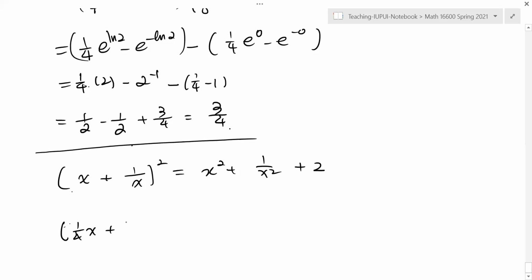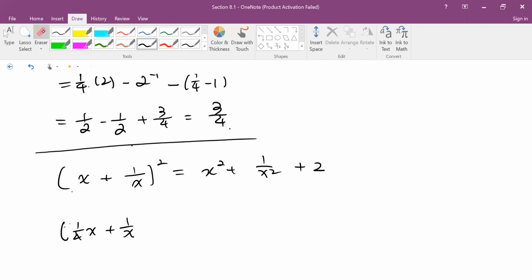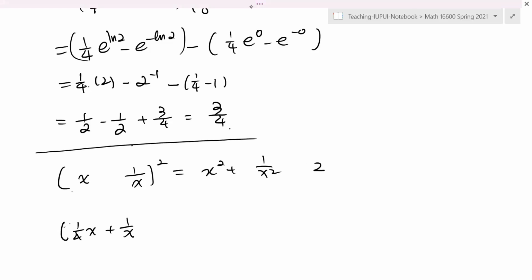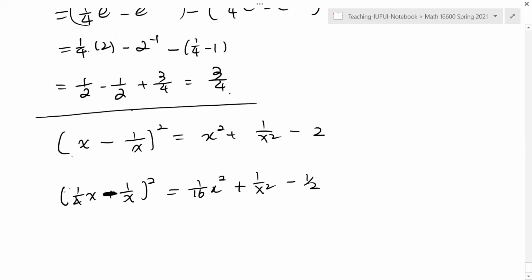So a quarter of x plus 1 over x. Now if I change the sign, if I put a negative sign here, then when I square this, I get 1 over 16x squared, and then the product of those two, the product 2, minus 1/2.